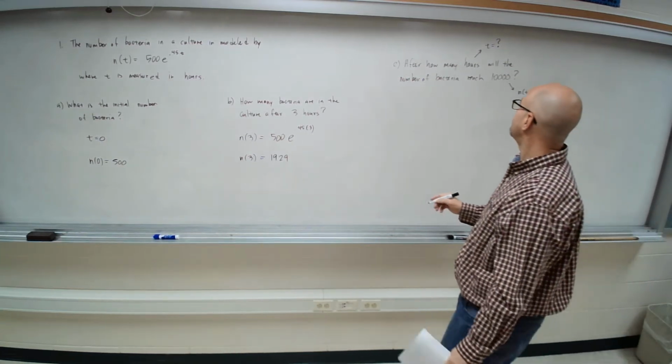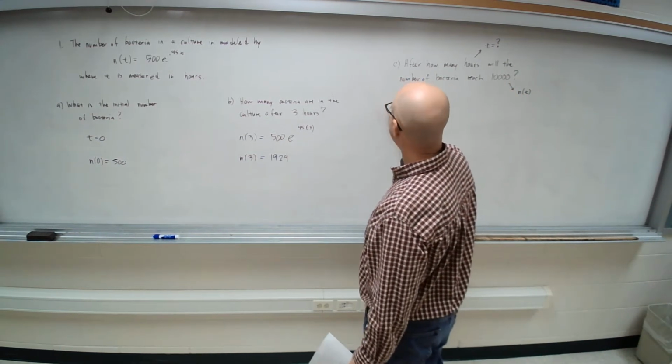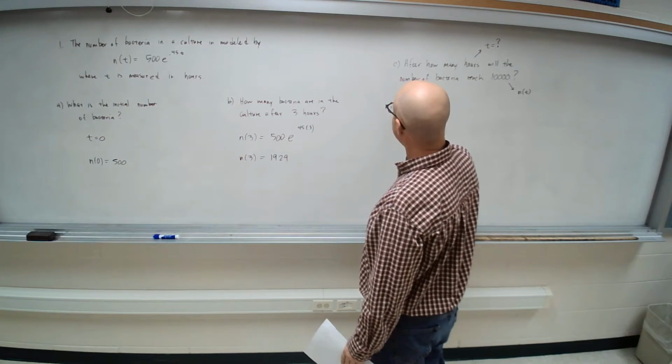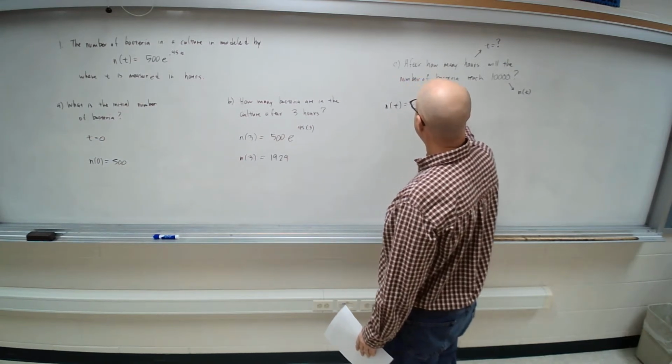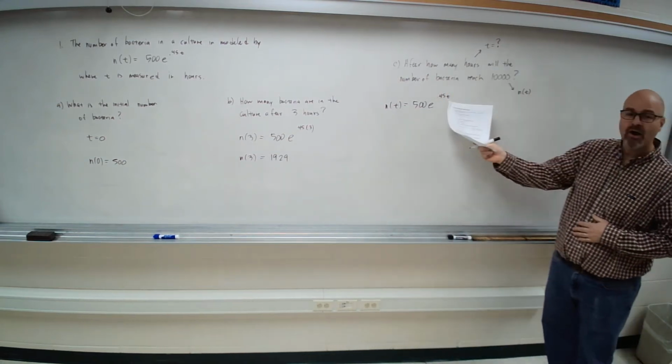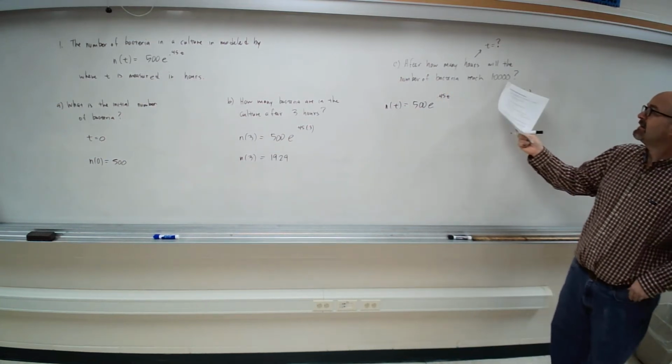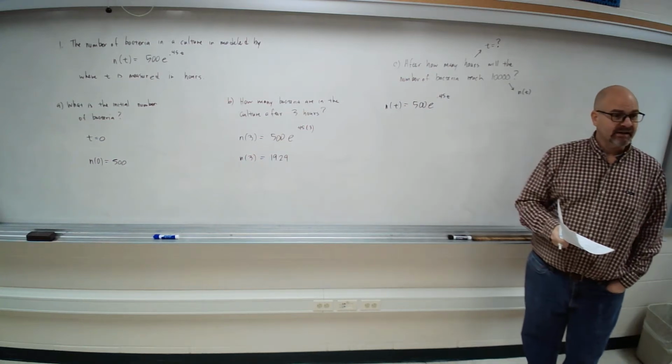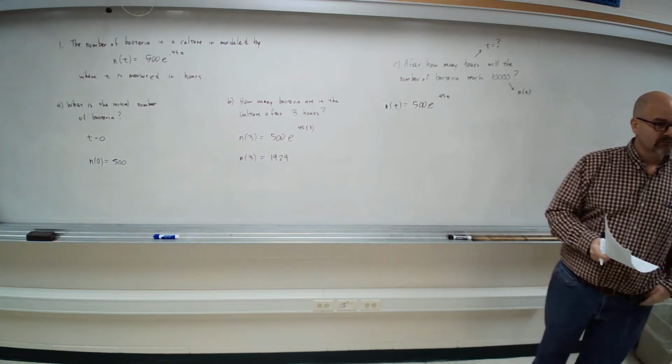So with this, we could just take our original model and fill some things in. So 500 e to the 0.45 t. Well, we said t is unknown, so it's going to remain t, but 10,000 will be N of t. That'll be the number we're looking for.